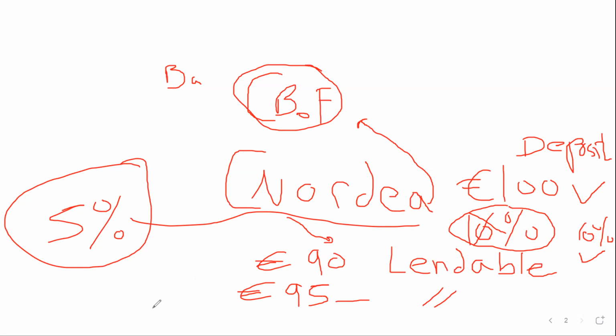Thus the bank would be able to create only 90 euros, less money than before. In this case, commercial banks like Nordea, OP, Danske, Handelsbanken, all are dancing to the tune of the Bank of Finland. And the Bank of Finland has this remote control.